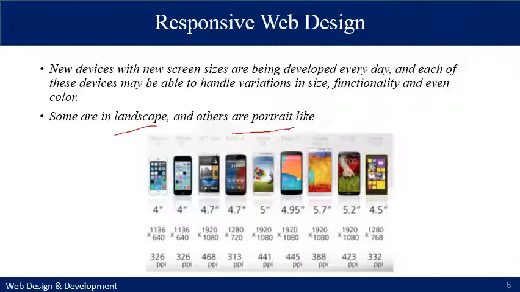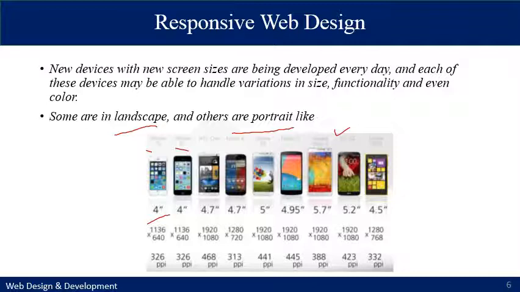So this image represents different devices with varying screen sizes. If you look at, for example, iPhone 4 to iPhone 5, 5C, and other related devices, this is actually quite an old image and there are no new models presented here.